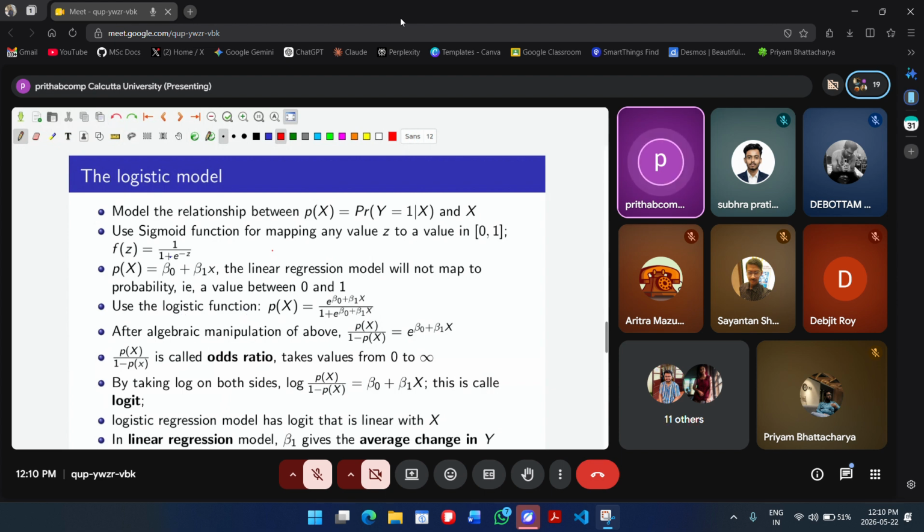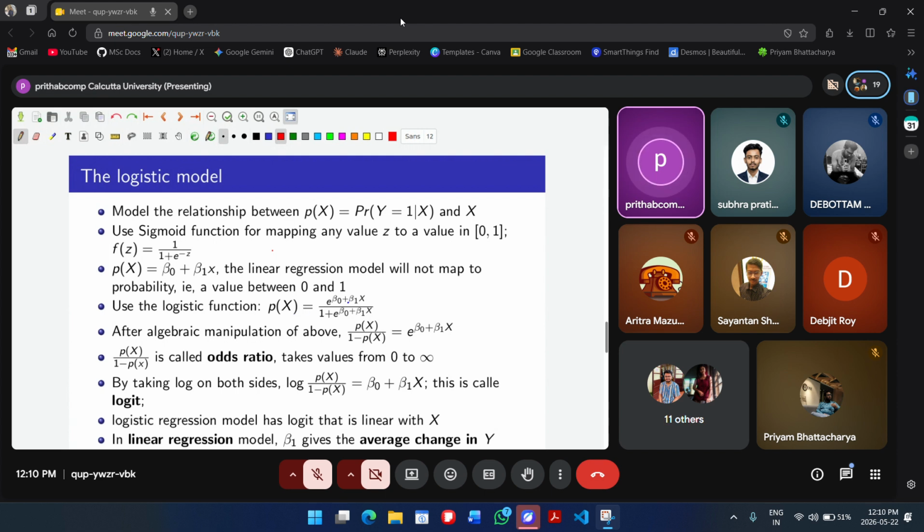So what is this logistic function? You will find some similarities with this. P of x is equal to e to the power beta 0 plus beta 1x divided by 1 plus e to the power beta 0 plus beta 1x. Obviously, beta 0 plus beta 1x will come out to be a real number, and as a result, this P of x will get a value between 0 and 1.